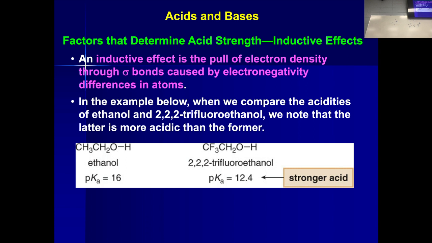If we're sharing electrons and I pull electrons towards me, by definition, that makes you more what? Weak, but what do we mean by weak? If there's partial negative charges on the fluorines, the carbon has to have a partial positive, right? And so that's going to make this carbon partially positive.